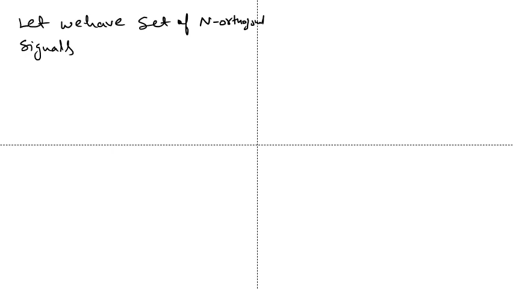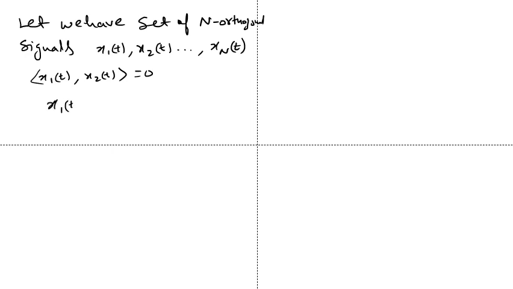Those signals are, say, x1(t), x2(t), up to xN(t). So there are n signals, and we are saying that these are orthogonal to each other. By orthogonal here I mean that the inner product of x1(t) with x2(t) is equal to 0. Or you can take x1(t) with any other signal, say x7(t), and this is 0. If you take any pair and the inner product is equal to 0, it means they are orthogonal to each other.